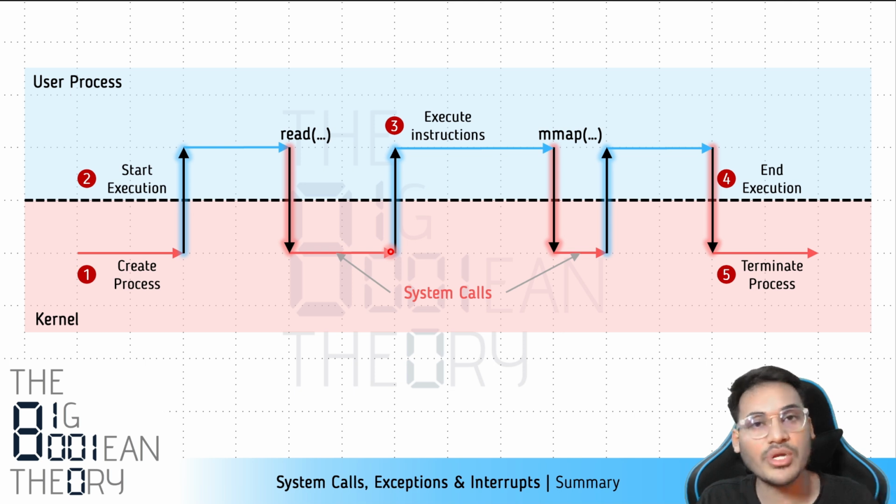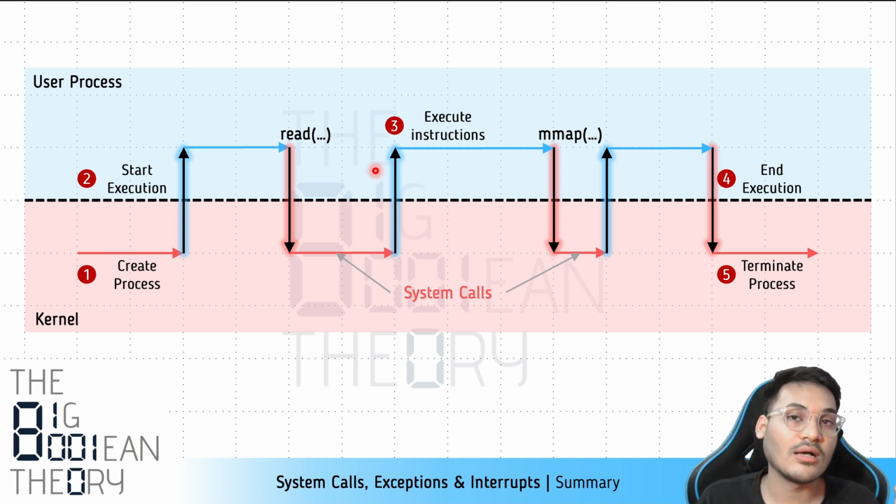And once the operation is completed, the control is given back to the user process, right? And we studied in that video that the control alternates between user process and the operating system. So even a simple user process makes a dozen system calls during its lifetime, right? We also took an example of the strace tool to understand that.